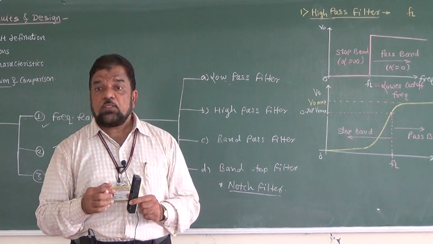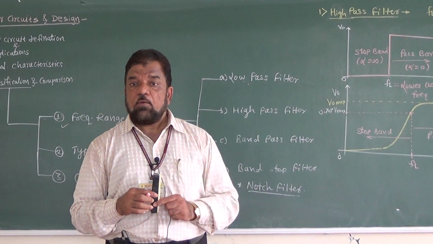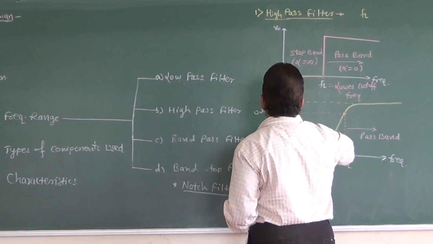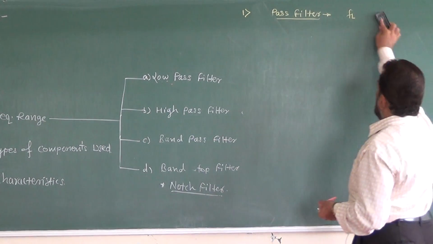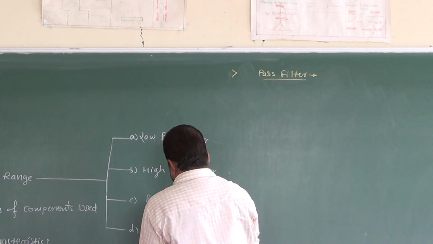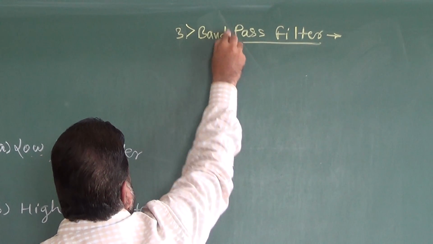Outside that range there is attenuation. That filter is called a band pass filter. So our next type, the third type, is the band pass filter.